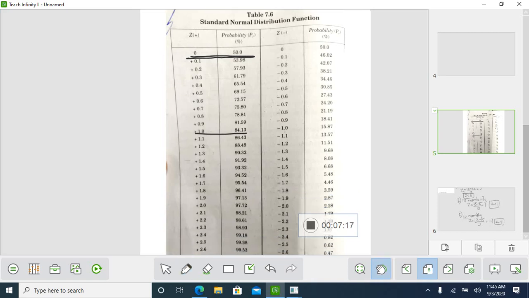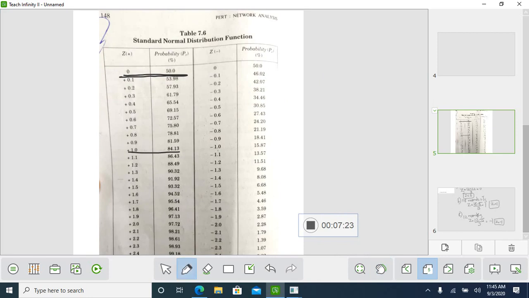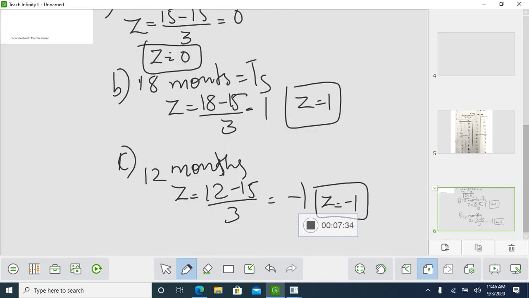Next, for minus 1, it is 15%. So minus 1 is here, it is 15%. That is 50%, 84%, 15%. Write it over here, where your sum is.